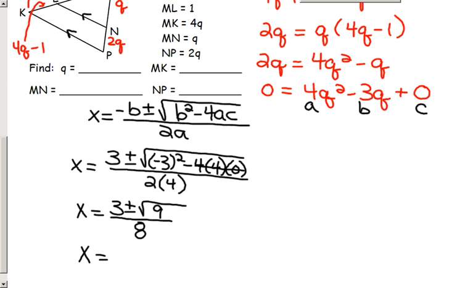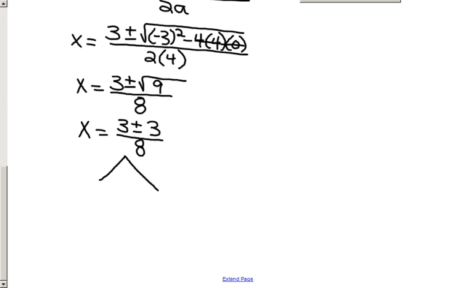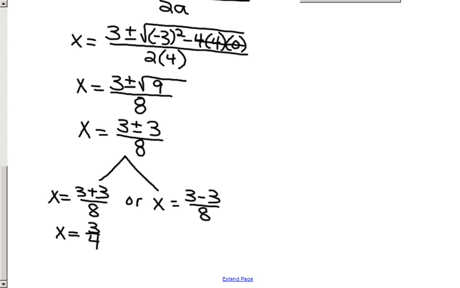Simplifying further, we will end up with 3 plus or minus the square root of 9, which is also 3, all over 8. Finally, to get your two answers, we'll do x equals 3 plus 3 divided by 8, which results in 6 over 8, which reduces to 3/4. Or we do x equals 3 minus 3 divided by 8, which results in a value of x equal to 0.